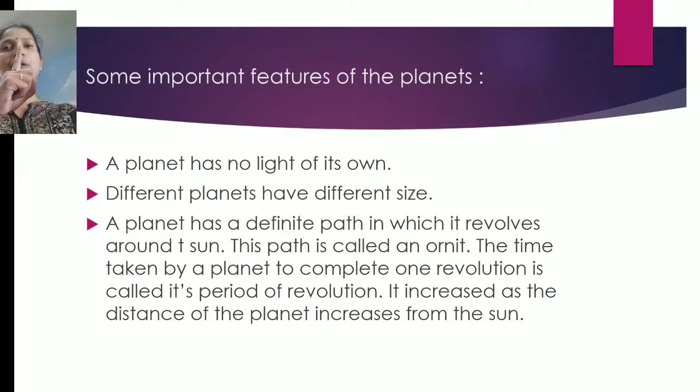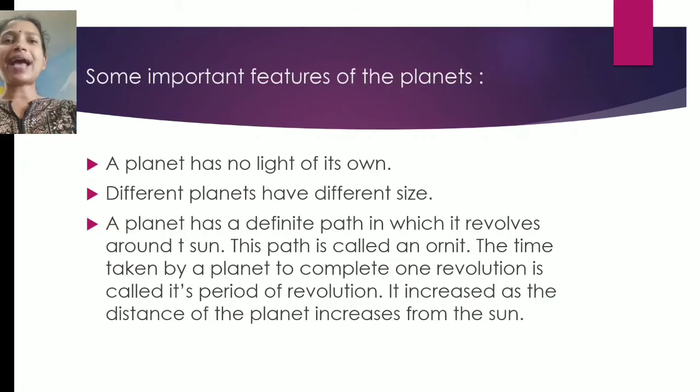It starts from here and comes back to its original place. We call that the period of revolution. The planet takes this time to complete one revolution around the sun.